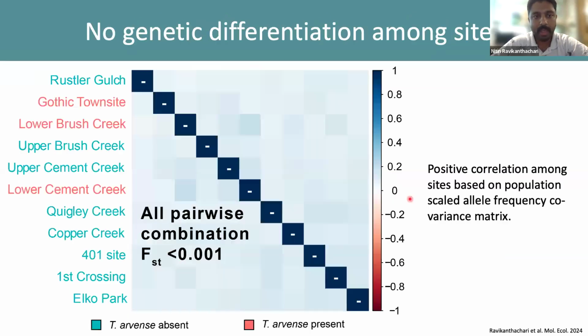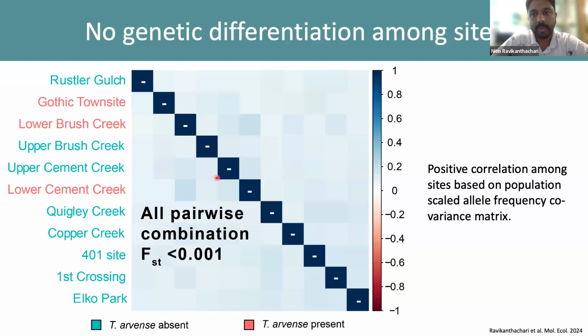Our pairwise FST comparisons among all sites revealed that there's absolutely no genetic differentiation. We also used a population-scale allele frequency covariance matrix to see how the sites were correlated with each other. All sites were positively correlated with each other, indicating that they're all one and the same and there's no genetic differentiation.